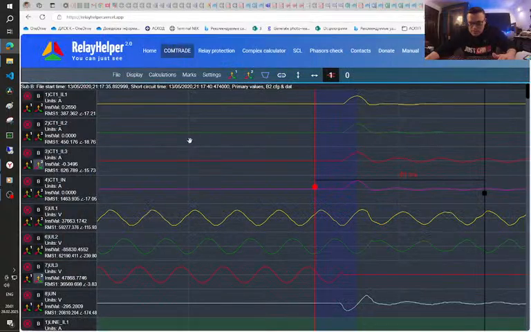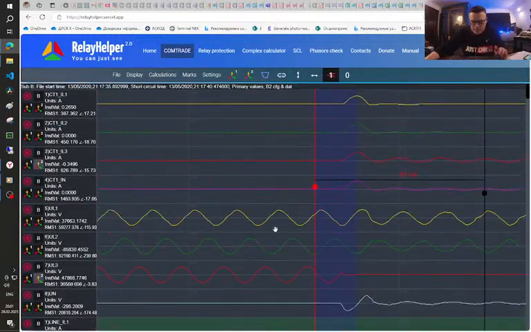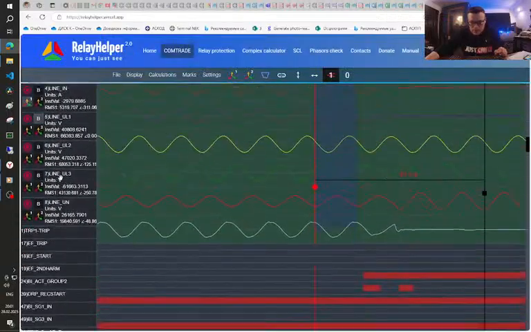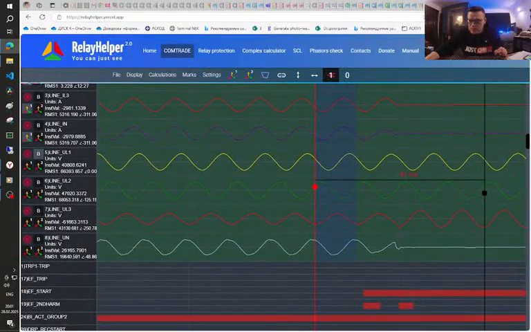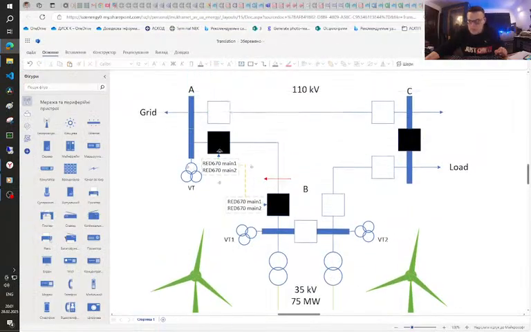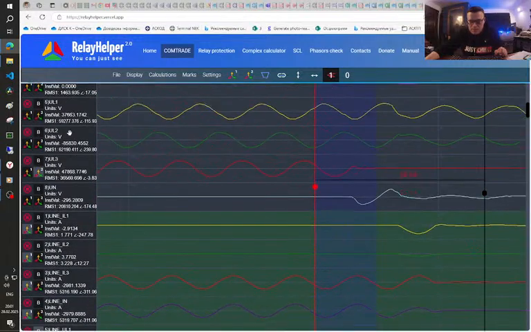So let's return to that. That's why we see voltages on these voltage transformers, and also these are voltages from substation A. Let's look a little bit closer.